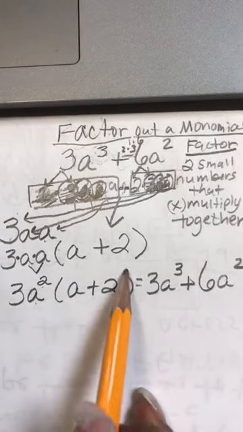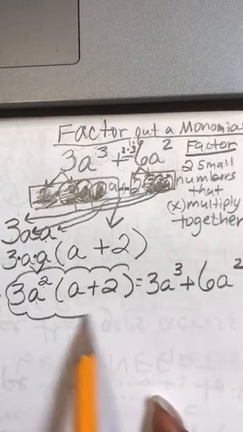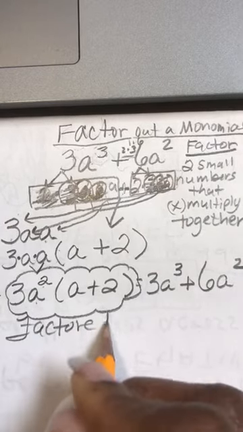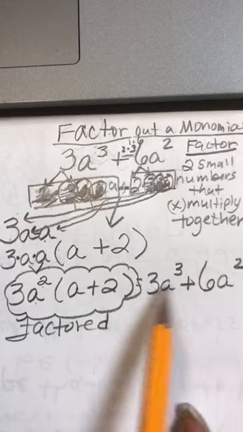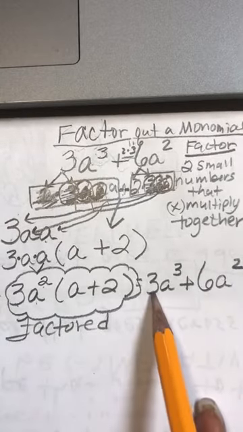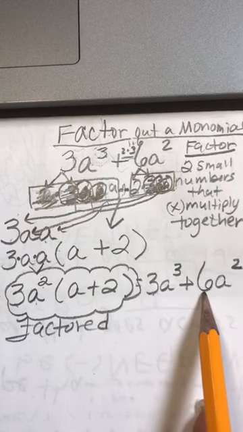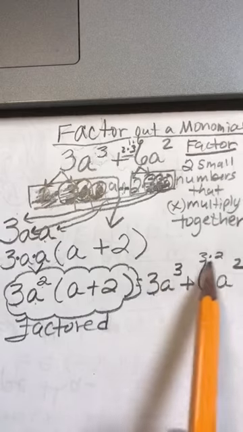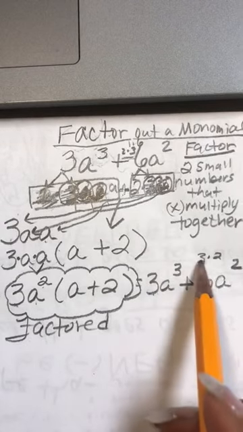All we did, this is the factored form. All we do is take the numbers and the factors out that were alike. We put them outside the parentheses. In this house there was a 3, in this house there was a 3. So we had a 3 times 2. These 2 3's left, they moved in together.